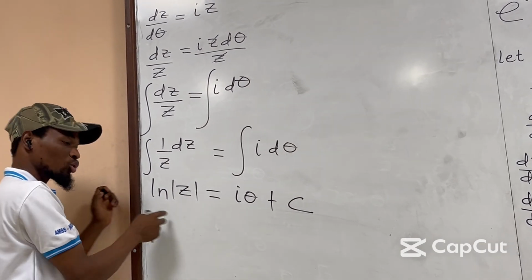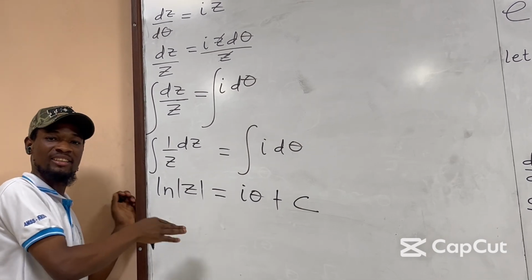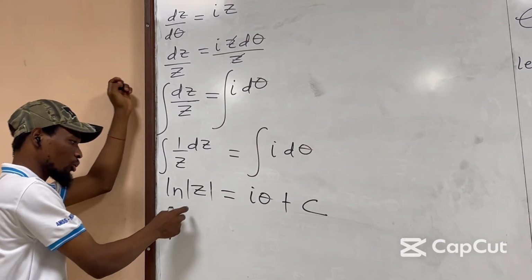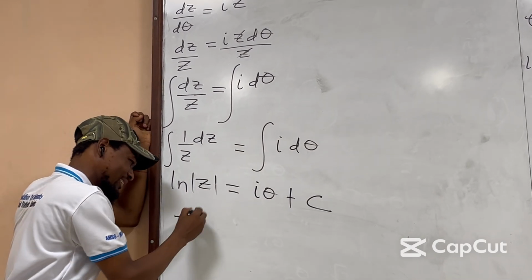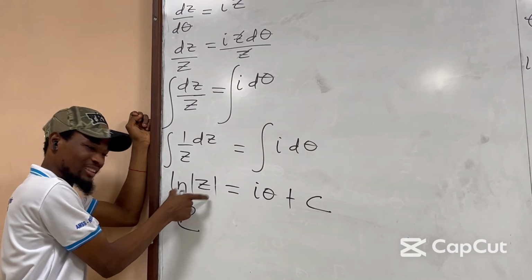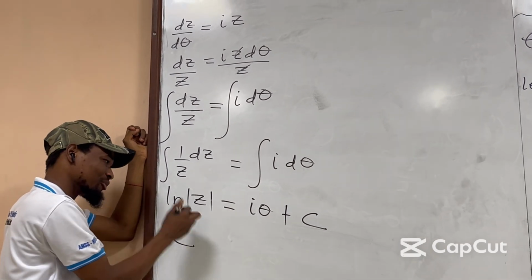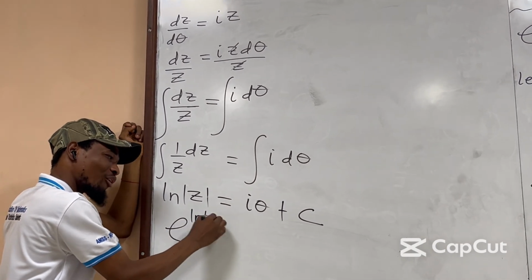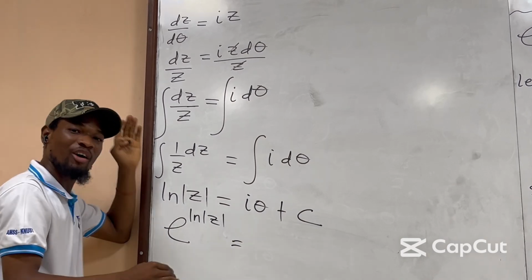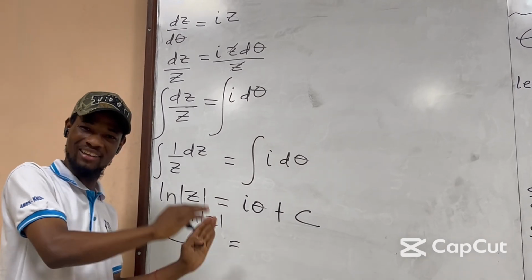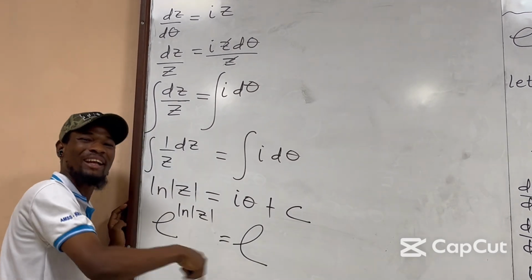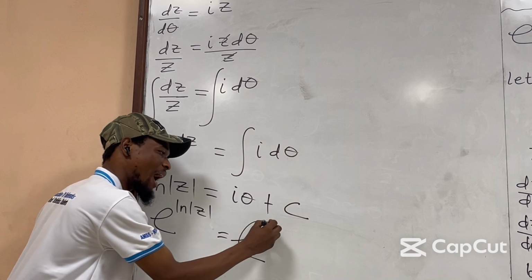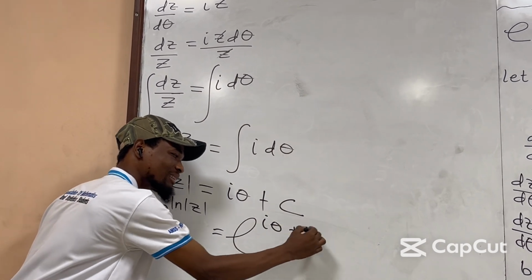Having done this, you take the exponential of both sides, where e is the exponentiation. I multiply both sides by e raised to an exponent of this. So I have ln of the absolute value of z, which is equal to, whatever you do to the left hand side, do the same to the right hand side, e raised to the exponent of i theta plus c.